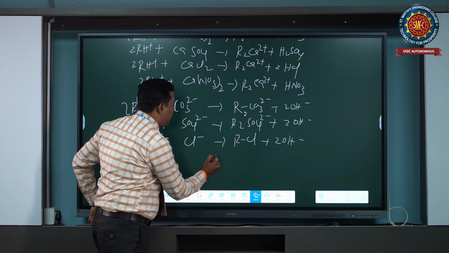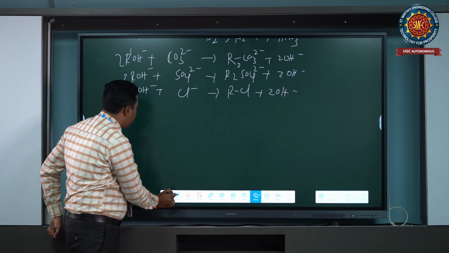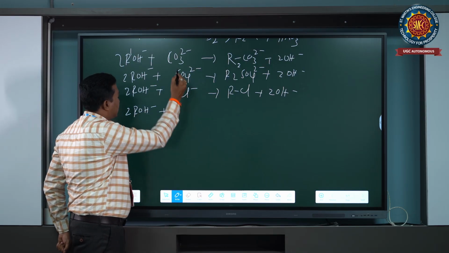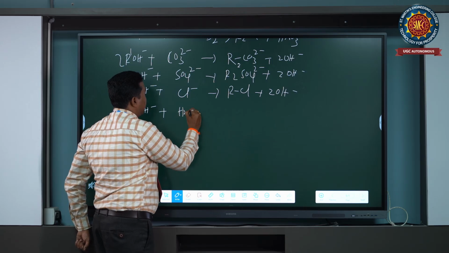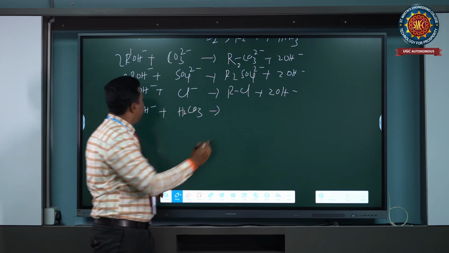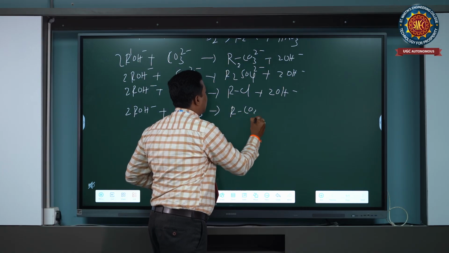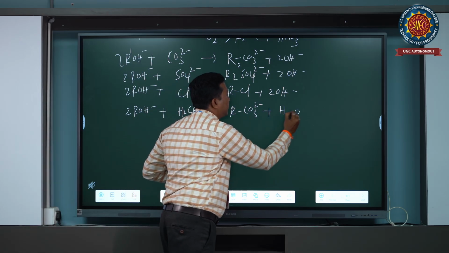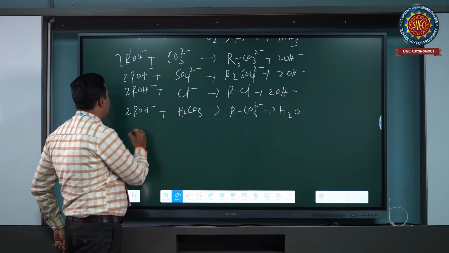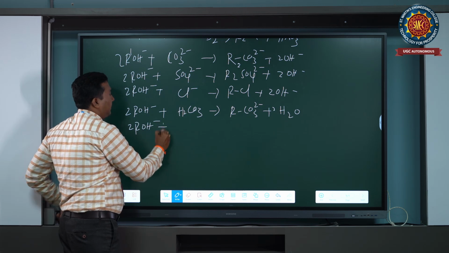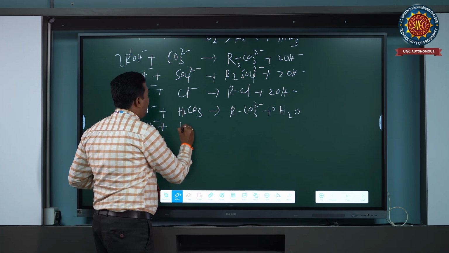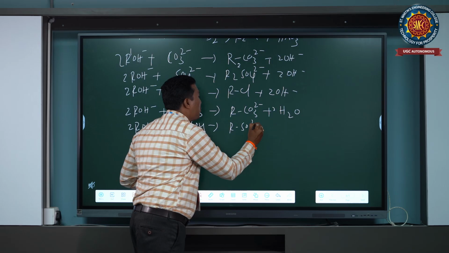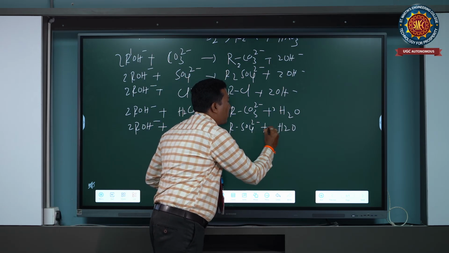So what processes are going on? First, 2ROH- ions react with carbonic acid to form RCO3 2- plus H2O, which is water, so we get demineralized water. Again, ROH- ions react with H2SO4 to form RSO4 2- and finally give water.